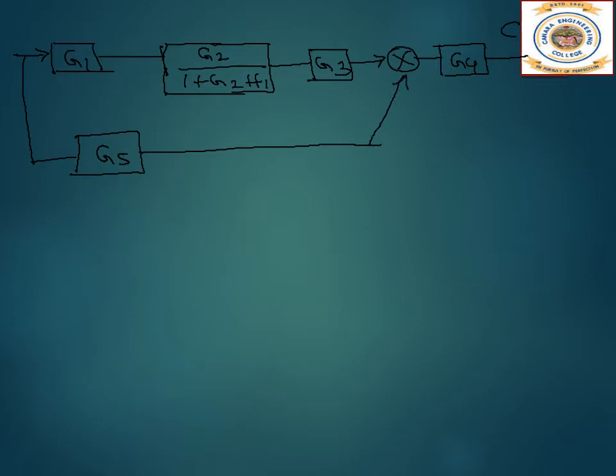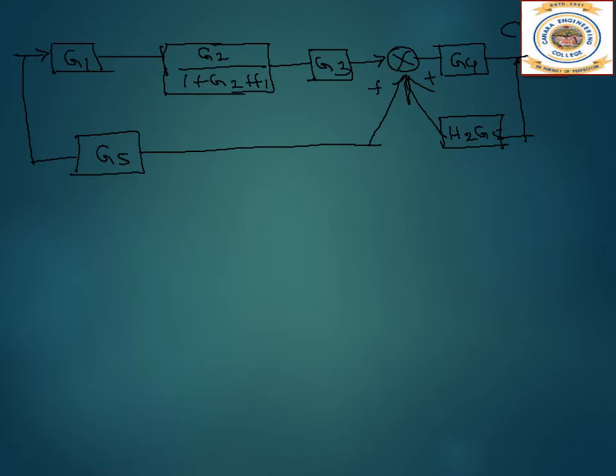So again this is positive, so it becomes plus only. Next, from here we had one more path via H2 G5. Here we have H2 and G5 together going to this. Here also it is a positive feedback only. Alright. So now we are done with this.